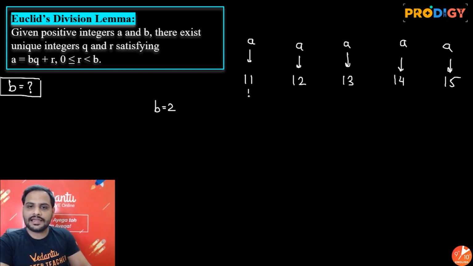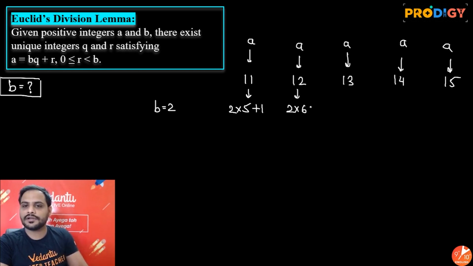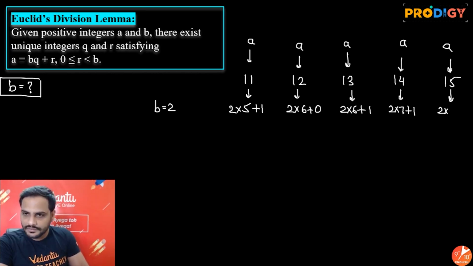So 11 I can write as 2 into 5 plus 1. 12 I can write as 2 into 6 plus 0, the remainder is 0. 13 is 2 into 6 plus 1. 14 is 2 into 7 plus 0. 15 is 2 into 7 plus 1.